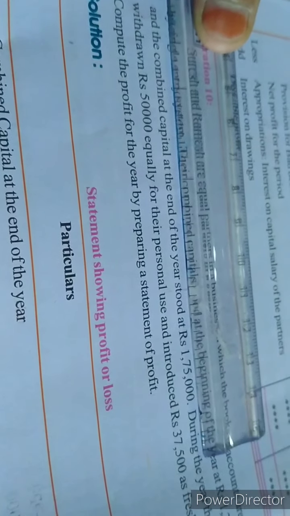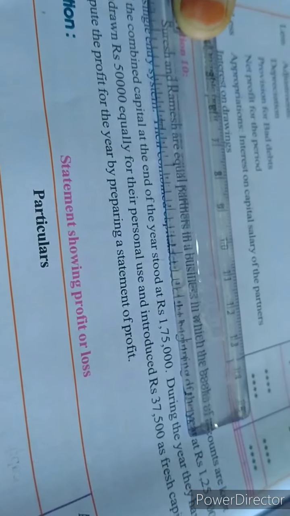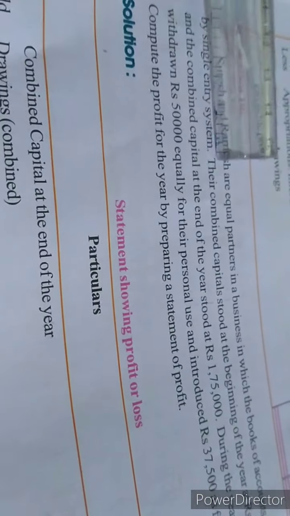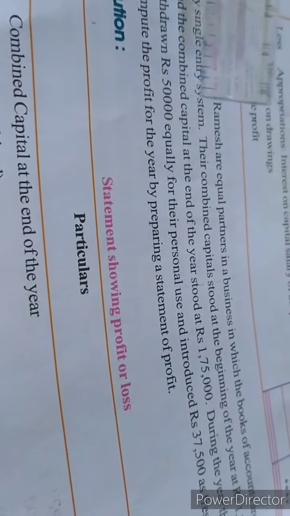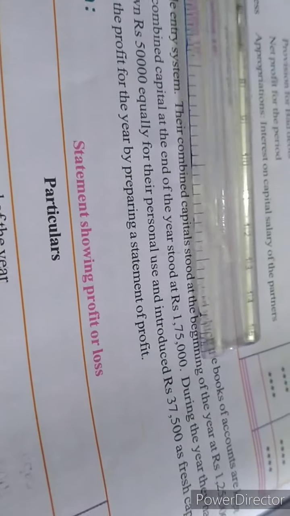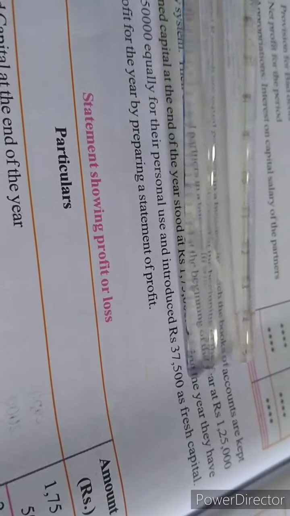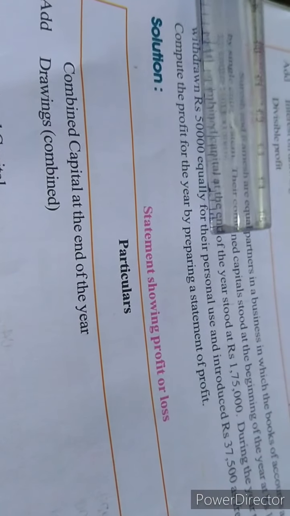Then the combined capital at the end of the year of both the partners is 1,75,000. During the year, they have withdrawn 50,000 equally. Means both of them together have drawn 50,000 for their personal use, and they introduced additional capital. How much did they bring as fresh capital? 37,500.